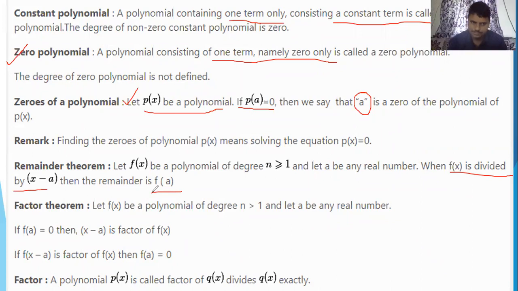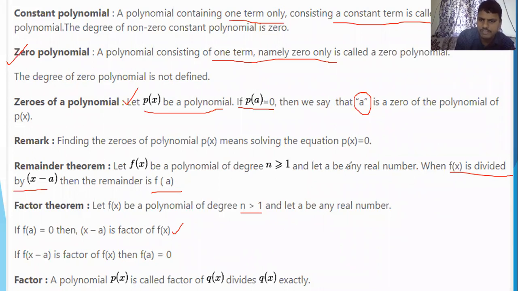Next, factor theorem. Let f(x) be a polynomial of degree n greater than or equal to 1, and let a be any real number. If f(a) equals 0, then x minus a is a factor of f(x). If x minus a is a factor of f(x), then f(a) equals 0. Previously we discussed, if you open your classwork, you remember that.